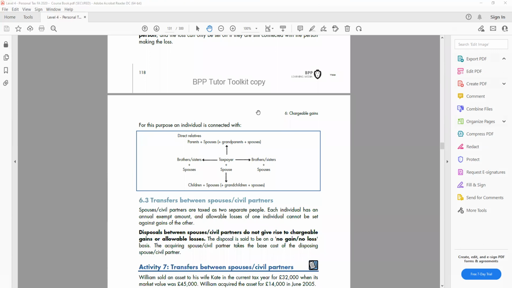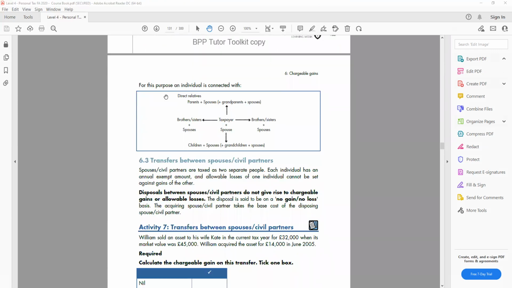So let's have a look at who this connected person is. For this purpose, an individual is connected with direct relatives, for example, parent, spouse, grandparents, and the spouse. Then brother, sister of the taxpayer, and from the spouse's side, brothers and sisters, children and spouse, grandchildren and spouse.